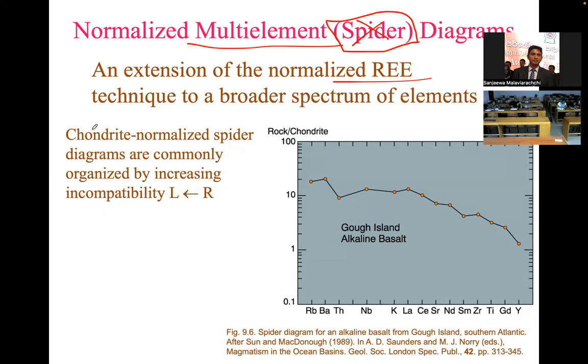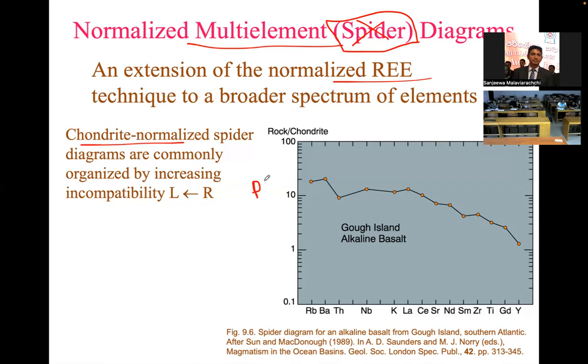But in this case, people prefer to use primitive mantle normalization rather than chondrite normalization due to some reasons, which actually have something to do with differentiation. We don't discuss much on that right now, but just keep in mind, instead of chondrite normalization, people use primitive mantle normalization.